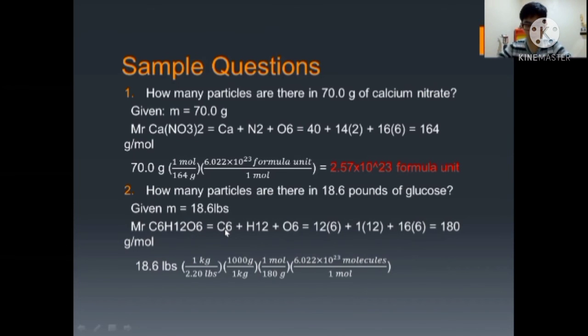So grab your calculator: 18.6 times 1 per 2.2 times 1000 divided by 1 times 1 divided by 180 times 6.022 times 10 raised to 23 divided by 1 mole.